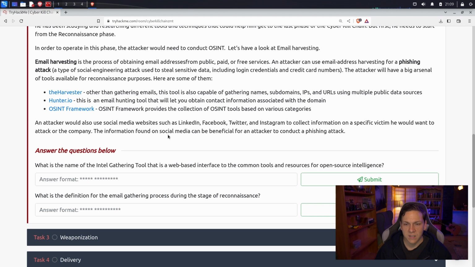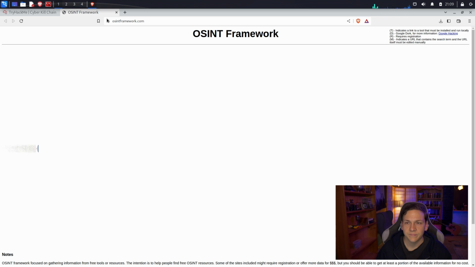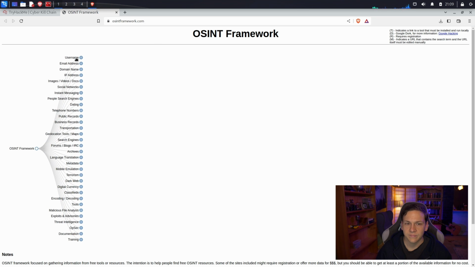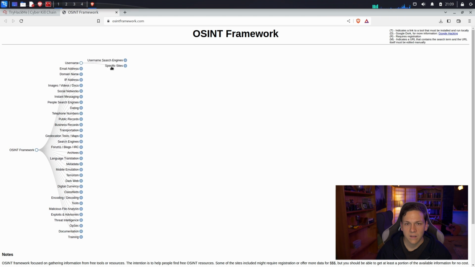What is the name of the intel gathering tool that is a web-based interface to the common tools and resources for open source intelligence? I'm guessing that would be this OSINT framework. Let's have a look at it. Ooh, this is fancy. So you got new usernames. Let's look.